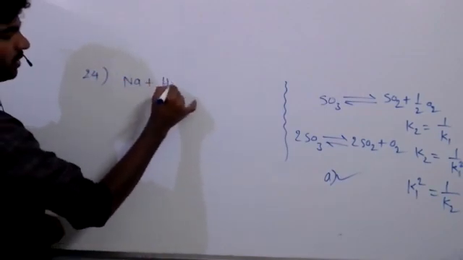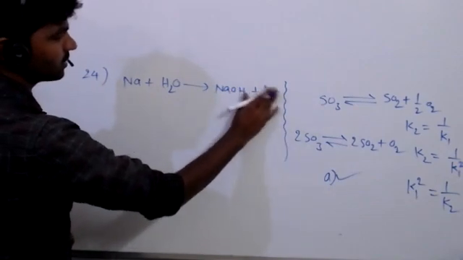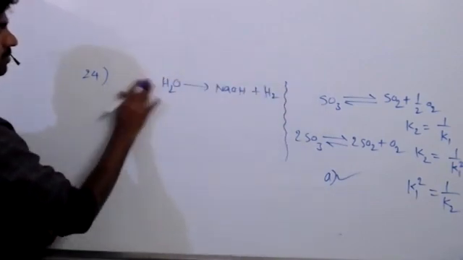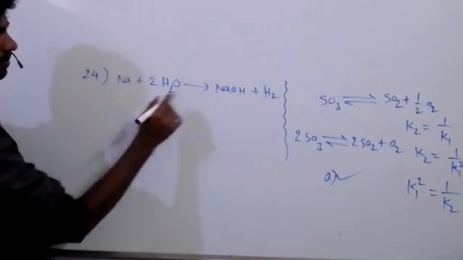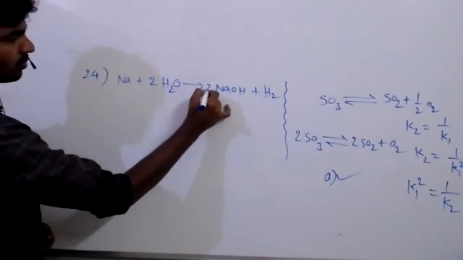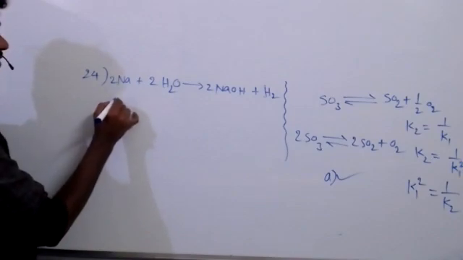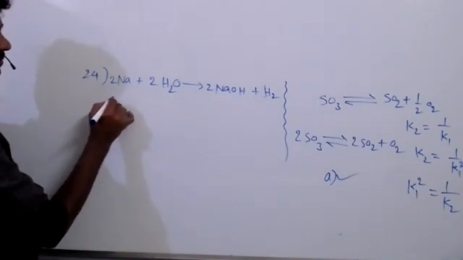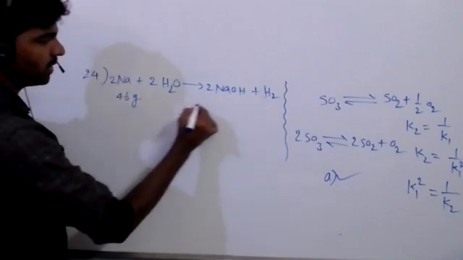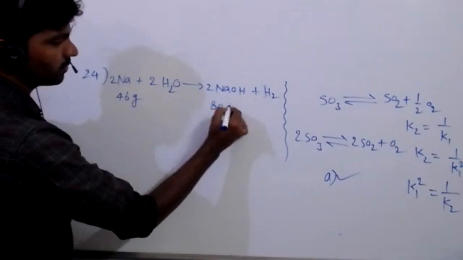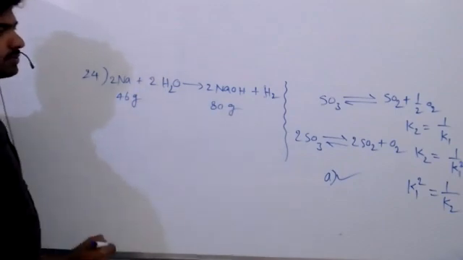Sodium metal reacted with water forms sodium hydroxide and releases hydrogen gas. In this balanced equation sodium atomic mass is 23, but here we are taking 2 Na, so 46 grams of Na giving 80 grams of NaOH.